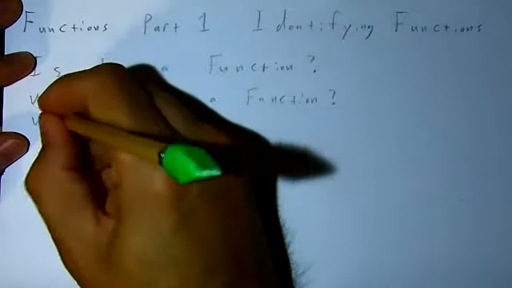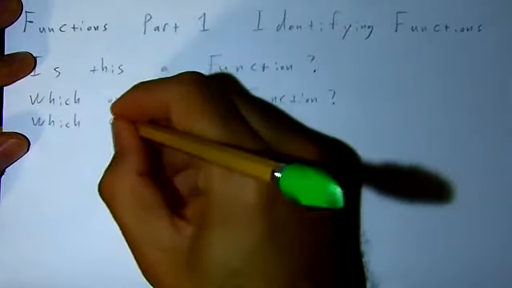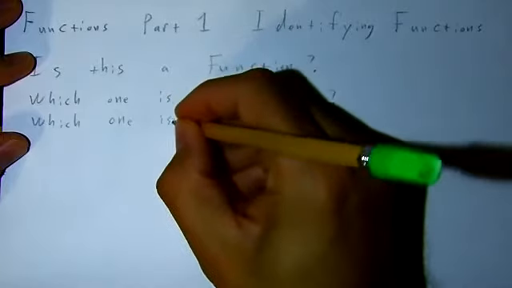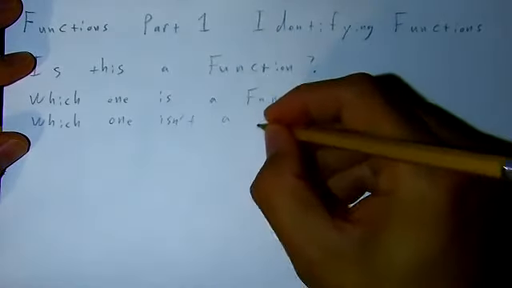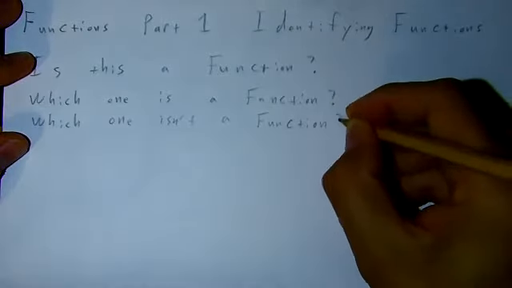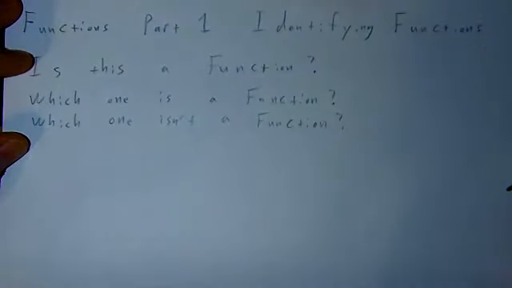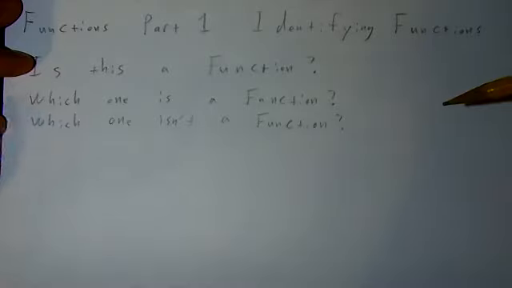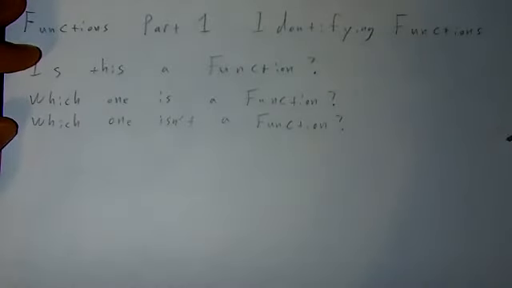Or, which one isn't a function? And in those two cases, they'll probably give you 4 answers. They could give you 4 graphs. They could give you 4 tables. The ones I usually see are 2 graphs and 2 tables. So you have to be able to do both of what I'm about to show you today.